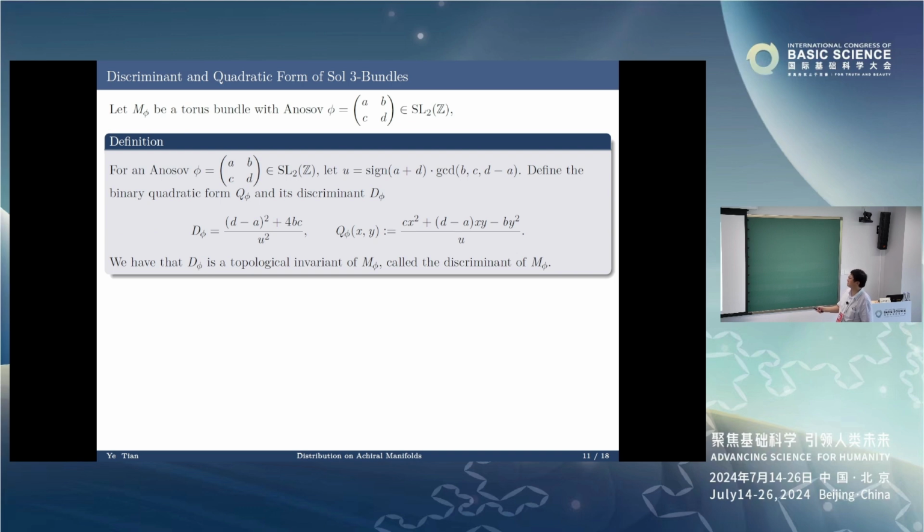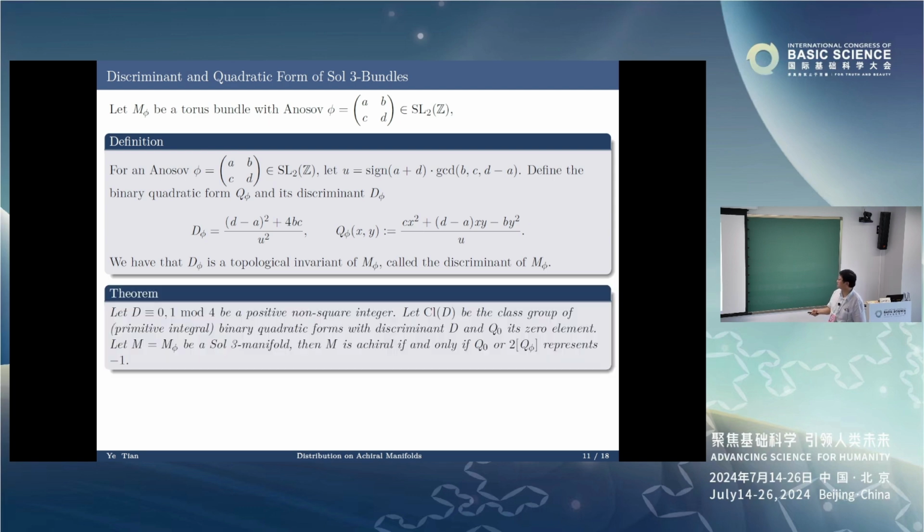This binary quadratic form has discriminant D_phi. So the primitive part of D_phi is the discriminant of the real quadratic field. So this may be like D times C squared. Okay, so we found that this D_phi is easy to check. It's just a topological invariant of the manifold. Let's call it the discriminant of this manifold.